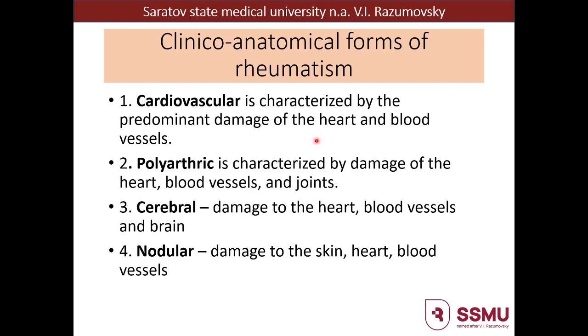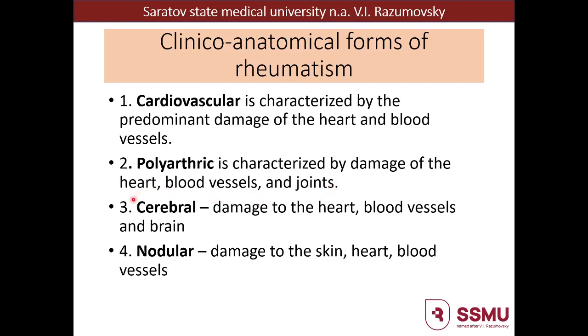The second form is the polyarthritic form of rheumatism, and it is characterized by additional damage of joints. We also may see some damage in the heart and blood vessels, but the predominant clinical picture will be associated with damage of joints. We may see pain syndrome in big joints like the knee, and it will be the leading symptom of this form.